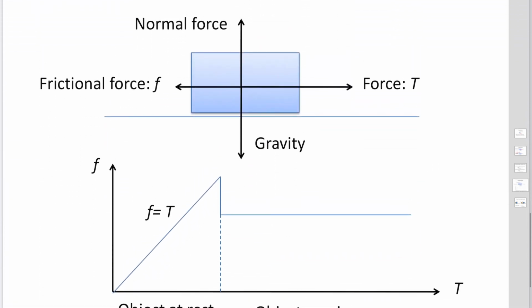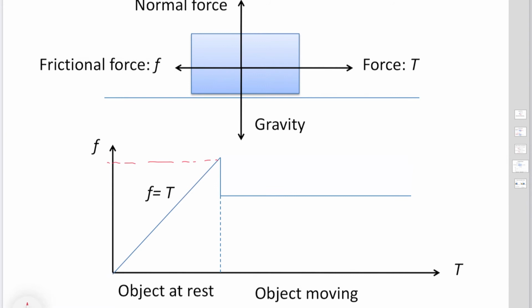So for the friction force, if you pull the object with a force T, when T is less than mu_s N, the object doesn't move. The object is at rest. If we push or pull the object with this amount of T, the friction force F acts on this object.